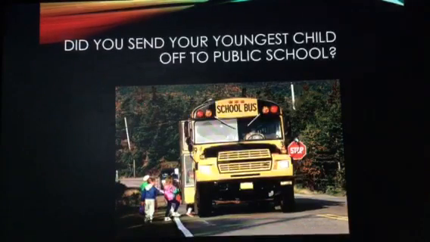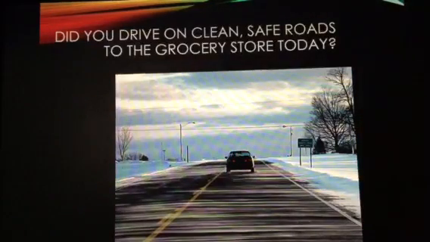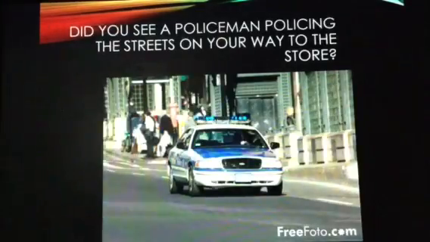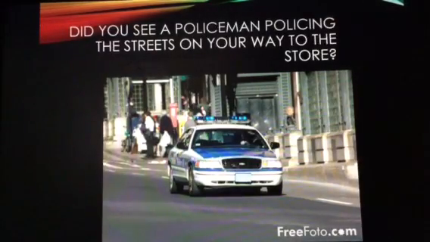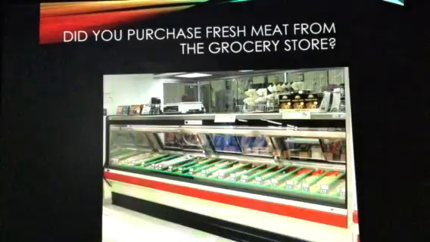Did you send your youngest child off to public school to ride the school bus? That's government in your life. On his way to the grocery store, did he drive on clean, safe roads? Government in your life. Do you see a policeman policing the streets on your way to the store? Government in your life.